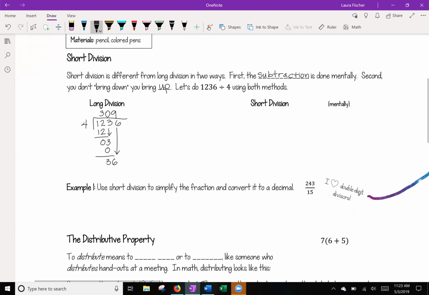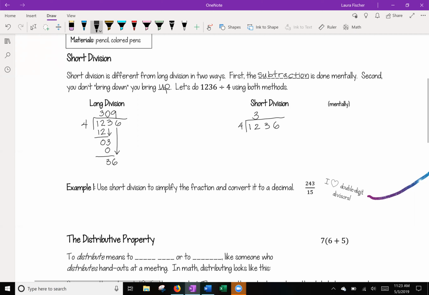Now look at it with the short division. Same problem. And we can still write it out, and I didn't leave myself much room here. So 4, and we're going to put little spaces, a little bit larger than we would. Notice there's some gaps here between the numbers. Here's the difference. 4 goes into 12 3 times.